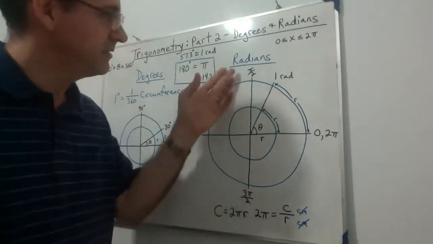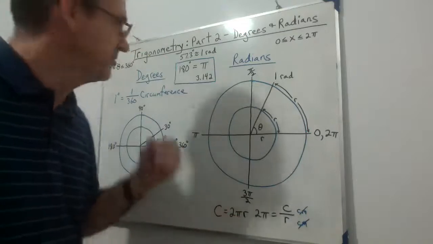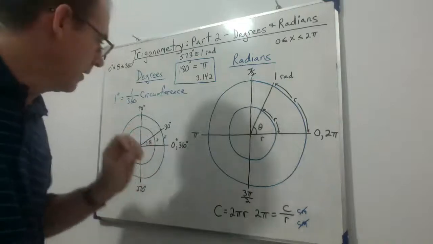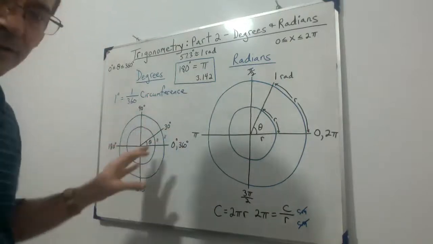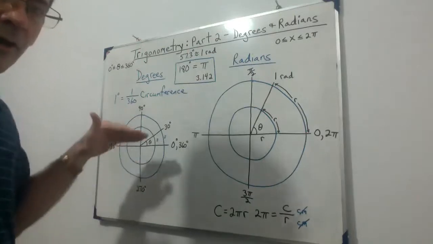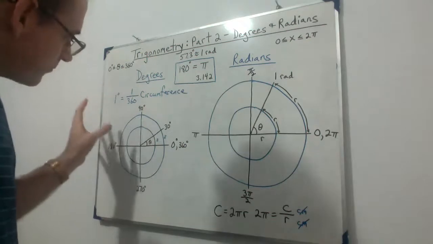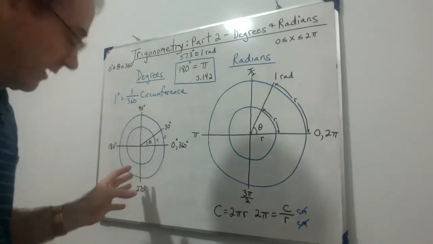Unfortunately, the radians have fractions and decimals. And yes, you can get decimals in your degrees as well. But generally speaking, most of your values like this are whole number values, and you don't have fractions and decimals like that.